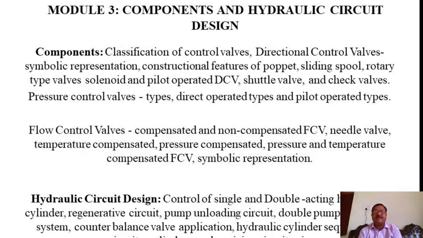In some cases, the oil is moving in one direction and applying pressure on an element. If you want to change the direction, then the direction control valves will be used. The flow of oil then takes place exactly opposite to that direction.